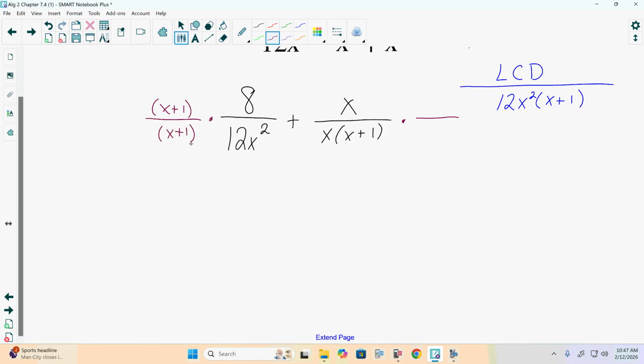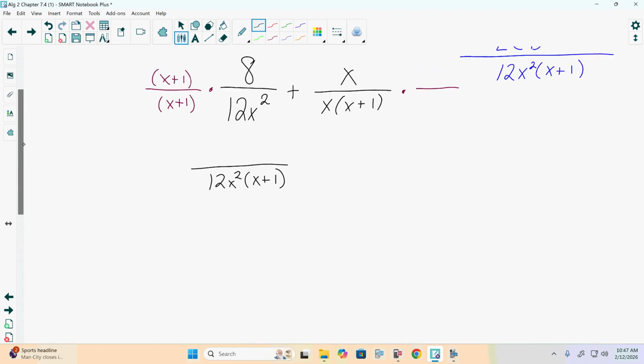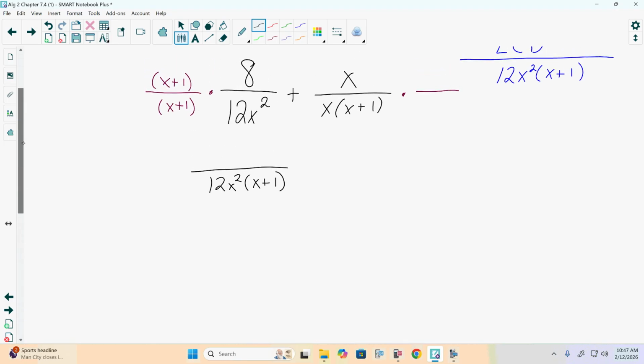So we're going to have to multiply x plus 1 on top and bottom to get the denominator to be 12x squared times x plus 1. Now we can multiply also on top. 8 times x is 8x. 8 times 1 is plus 8.